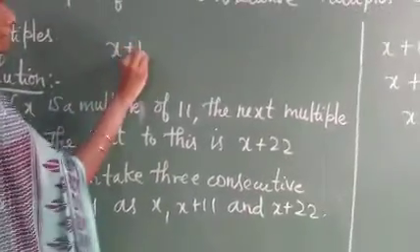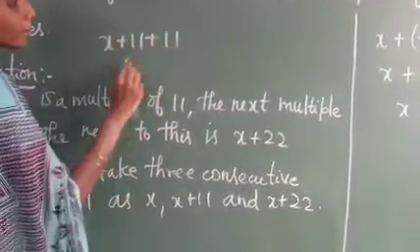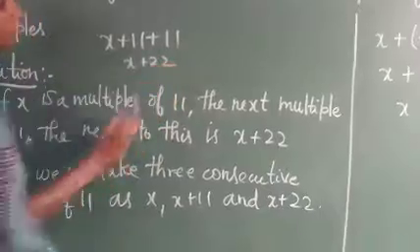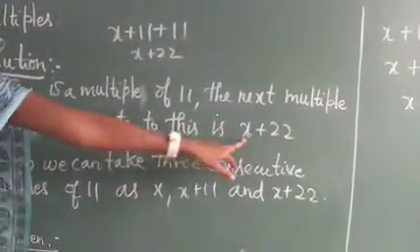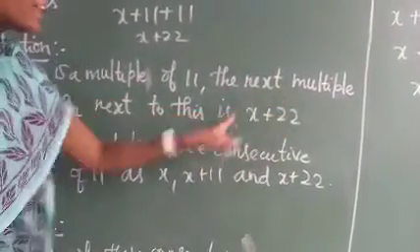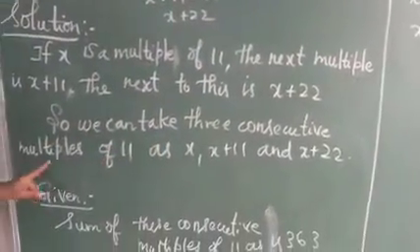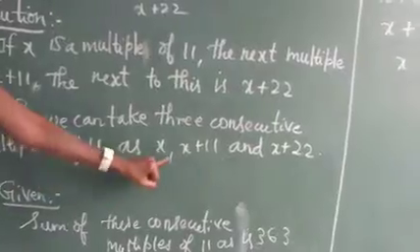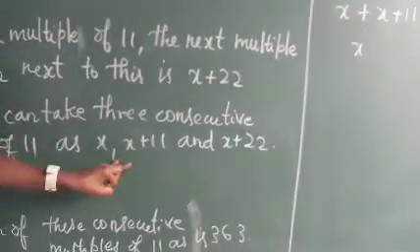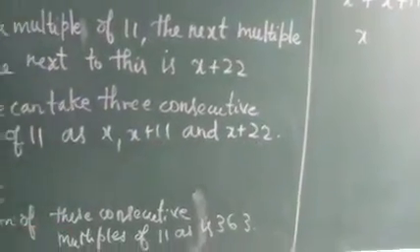So x plus 11 இருக்கும். அது கூட 11 add பண்ணும்போது 11 plus 11 is 22. So the third multiple is x plus 22. So we can take three consecutive multiples of 11: the first as x, the second as x plus 11 and third as x plus 22.